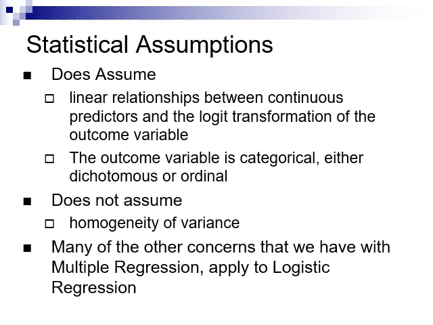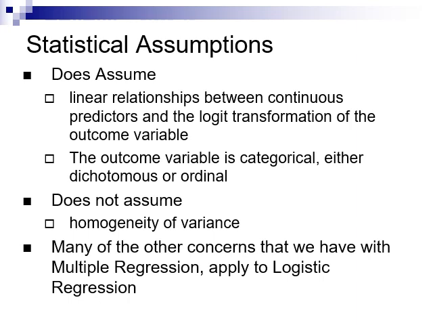If it isn't, we've broken one of the assumptions. The outcome variable is categorical, either dichotomous or ordinal, but if it's dichotomous, honestly, you want to just run a logistic regression. You don't need to run an ordinal regression. It does not assume homogeneity of variance, and many of the other concerns that we have with multiple regression apply to logistic regression and, of course, ordinal regression.